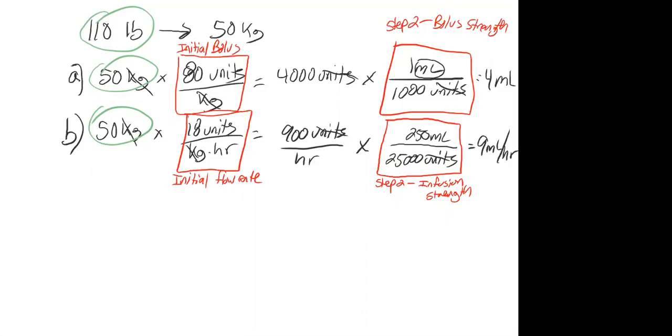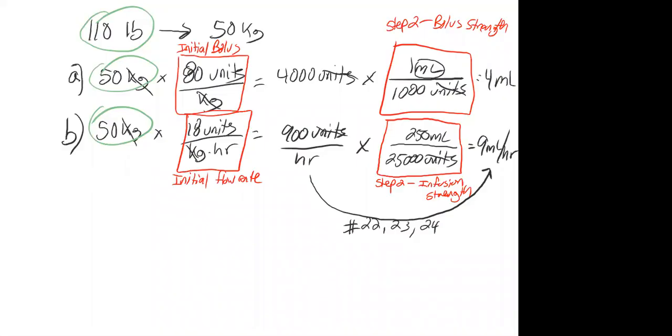When you go from units per hour to milliliters per hour, that's the same thing as questions 22, 23, and 24. Gosh. Okay. So this is the do-all be-all. Yeah, it's tying it all together.